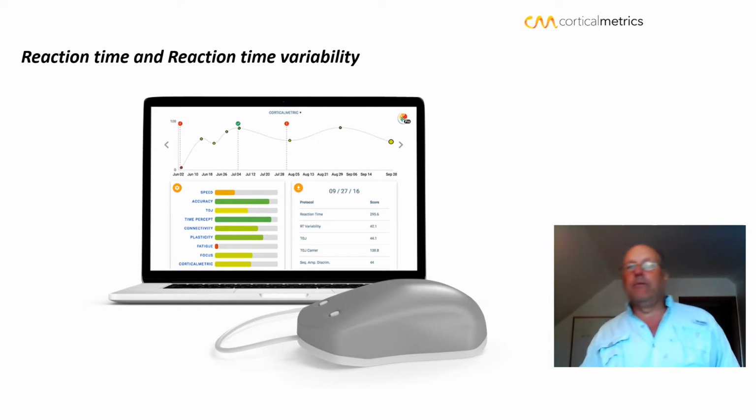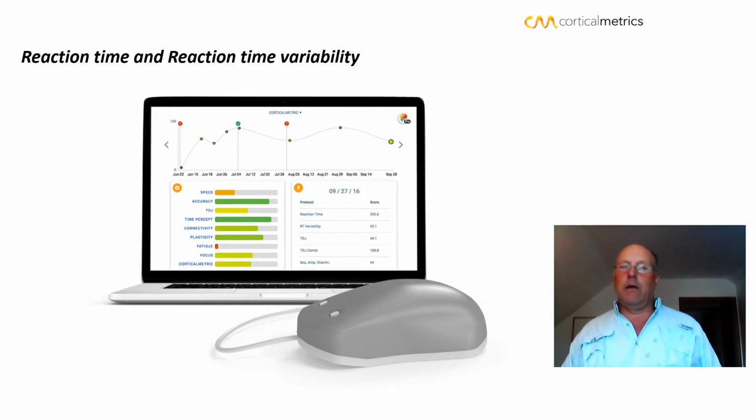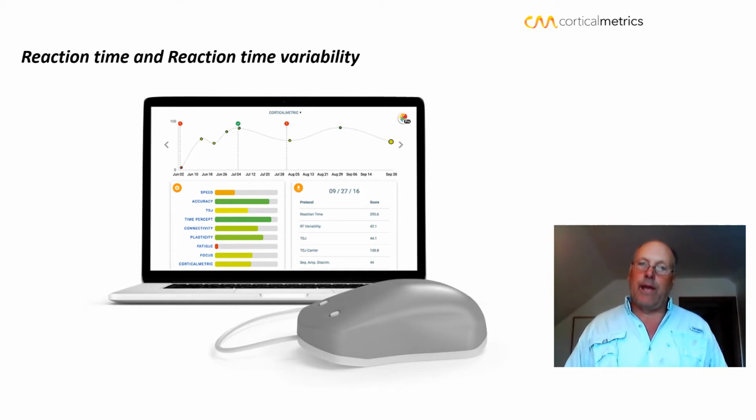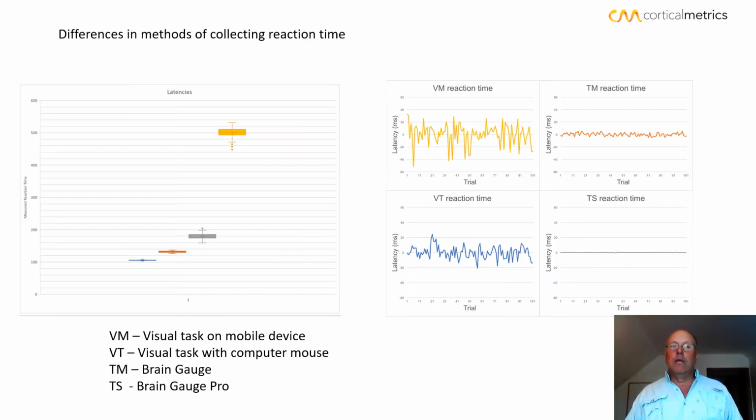But basically, let's talk a little bit about different types of hardware that other people use to measure reaction time with commodity or commercial grade utilities. What we have here is a graph that shows differences in methods of collecting reaction time. Keep in mind, we did this test robotically.